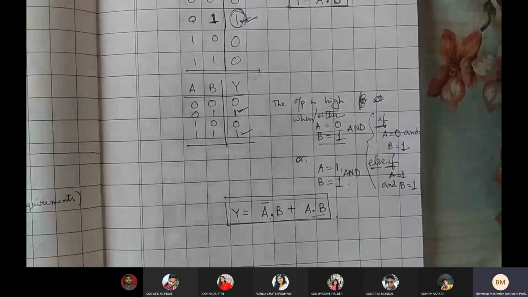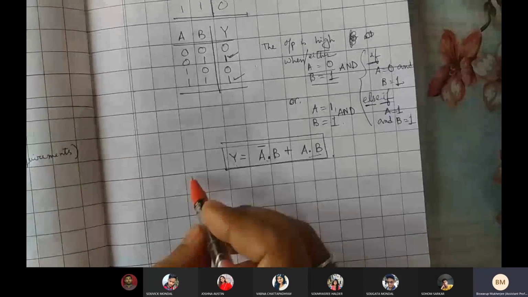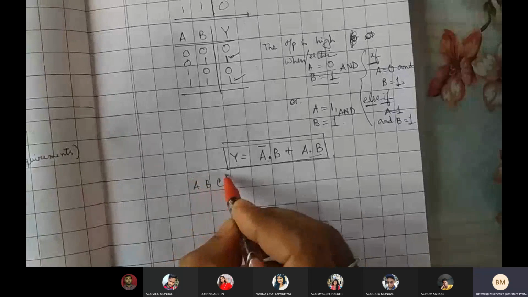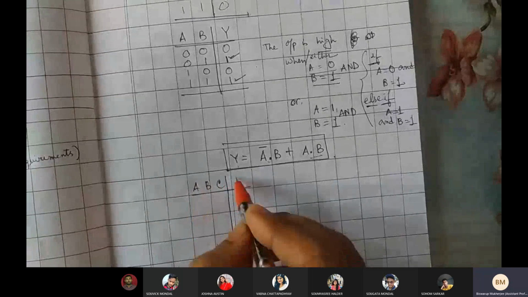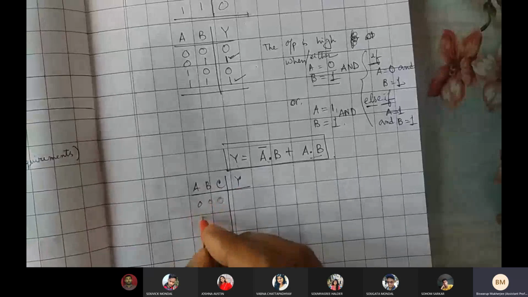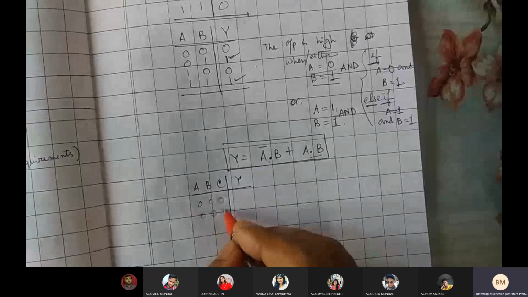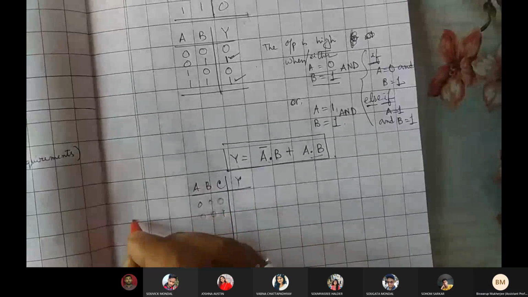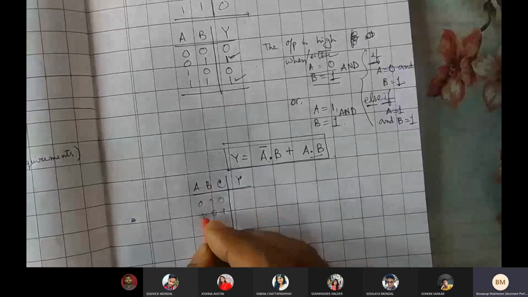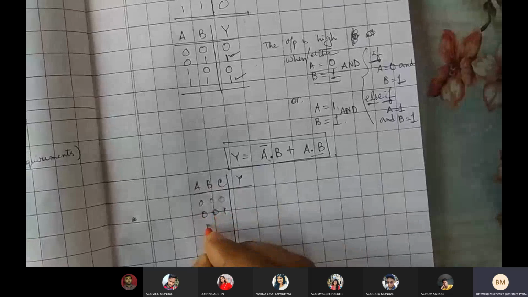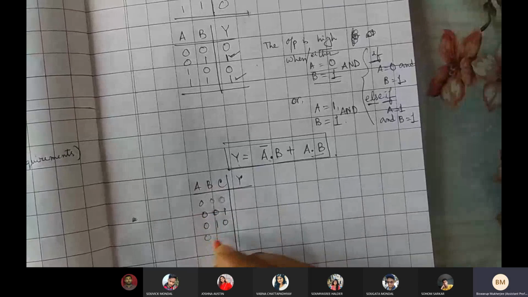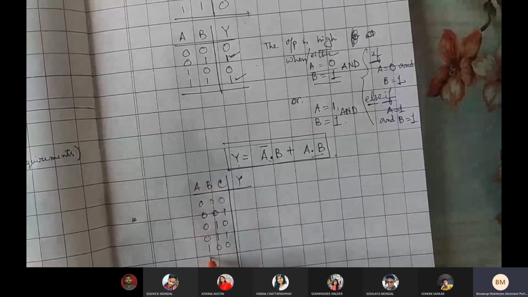You can also go for other examples, like a 3 variable example, A B C and Y. There will be 8 combinations: 0 0 0, 0 0 1, then 0 1 0, then 0 1 1, 1 0 0, 1 0 1, 1 1 0, 1 1 1.